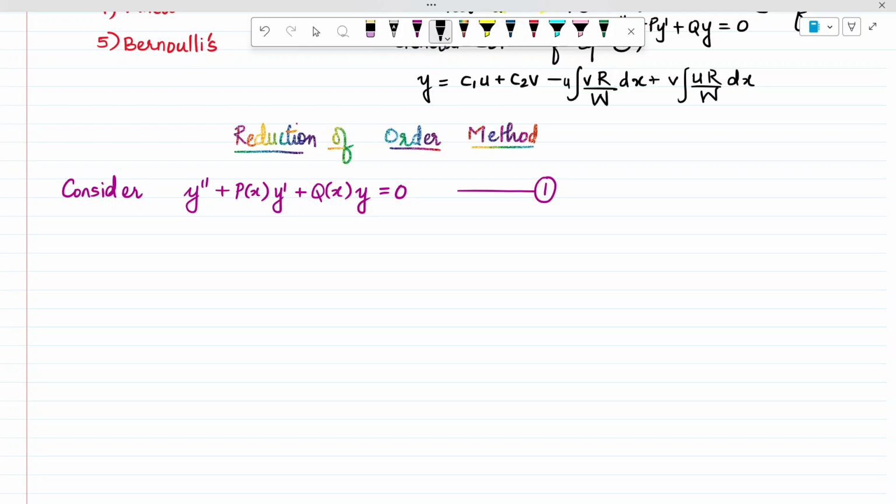So what we are trying to do over here is to find one solution of equation 1. We are trying to use the inspection method to find one of the solutions of equation number 1.